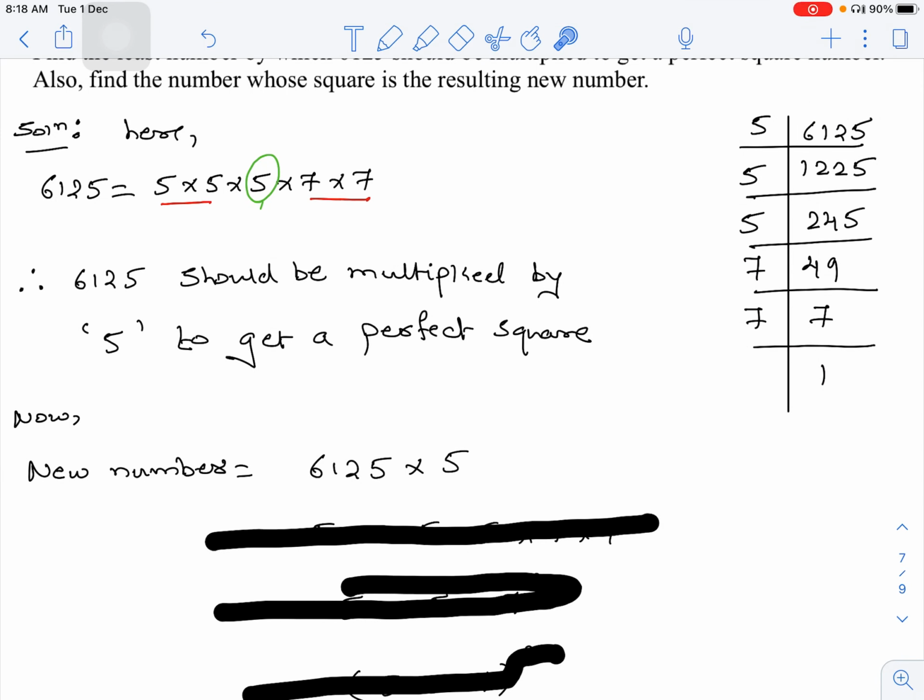So our new number is 6125, this one is our old number, multiplied by 5 to make it a perfect square. So this is our required new number.